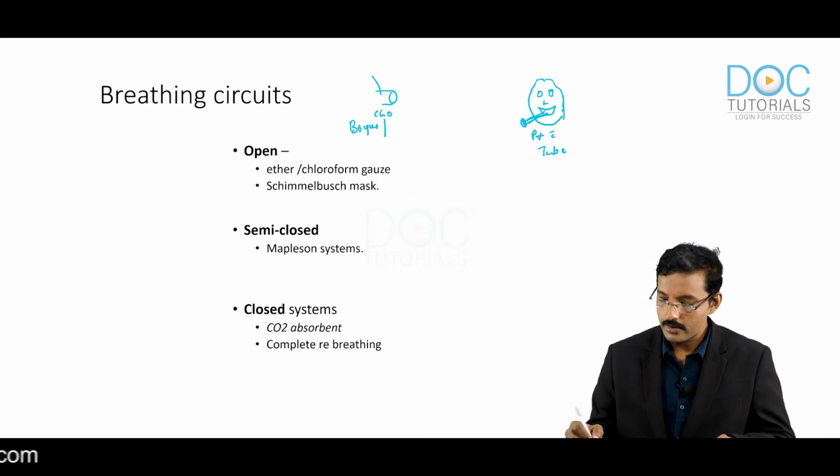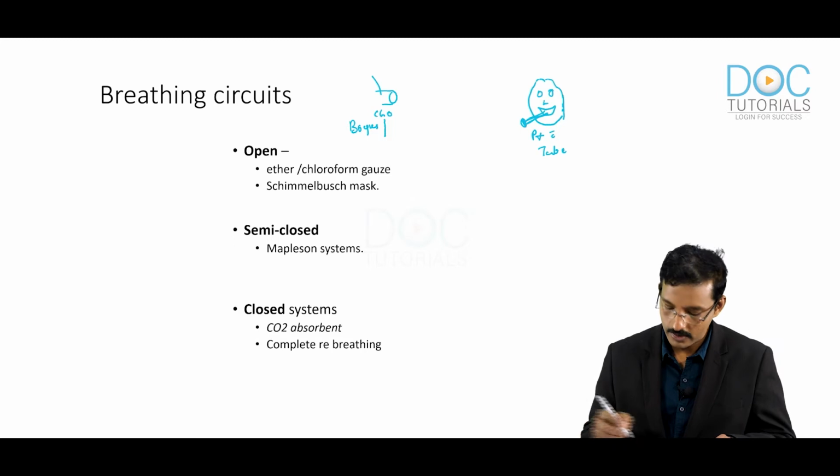Now here what you get at the common gas outlet, we get oxygen, we get nitrous oxide, and we also get the volatile agents at the common gas outlet. Everything will come together at the common gas outlet.